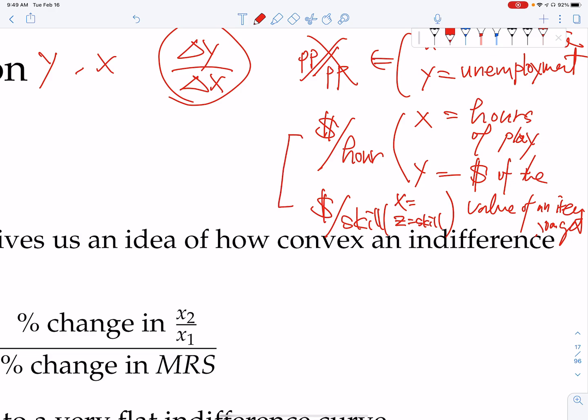So you sometimes want to compare the two: having more skill is more useful in terms of getting an expensive item, or spending more time is more important to getting an expensive item, and so on, right?